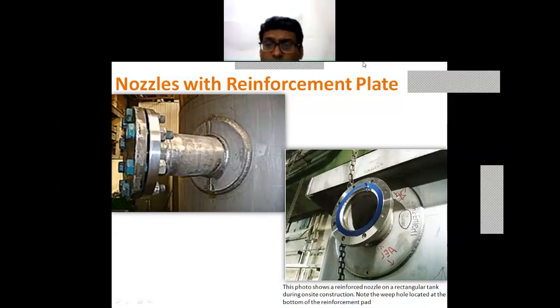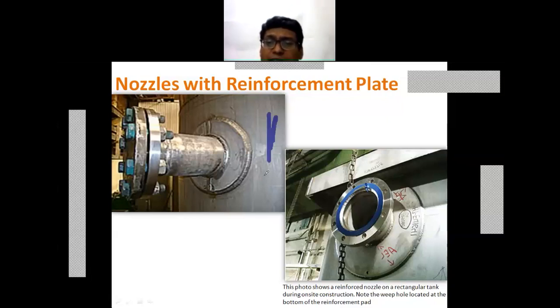This wall will be reduced in strength as I cut the material from here. So to maintain the strength of this cut portion, I am again going to provide extra material over that, and that is called a reinforcement.